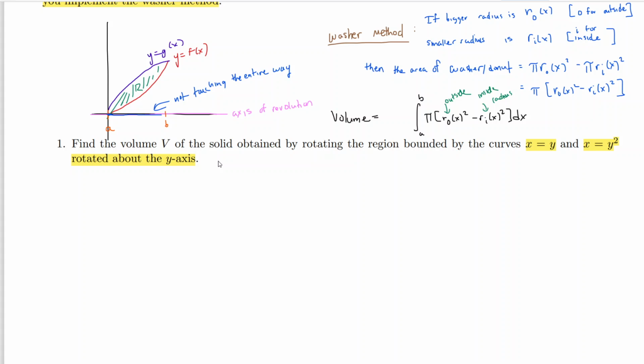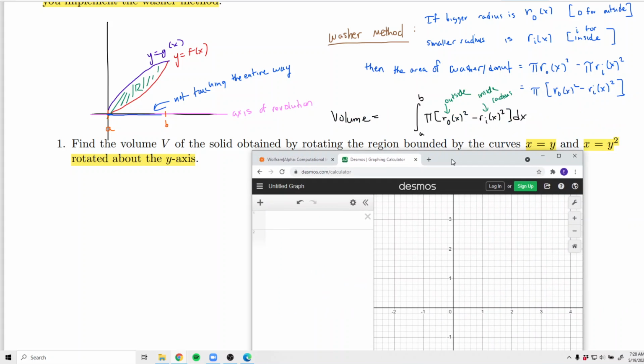So before we worry about the rotation, we're just going to graph these and see what it looks like. That's always your starting point: you should always graph your region, because otherwise it's pretty much impossible. So we want to graph x equals y, and x equals y squared.